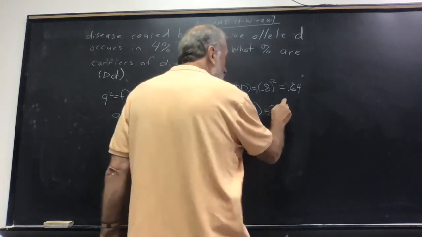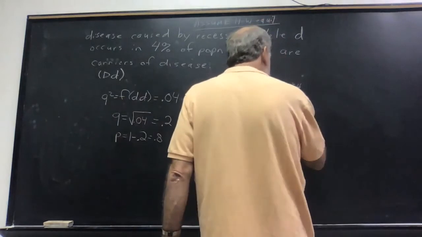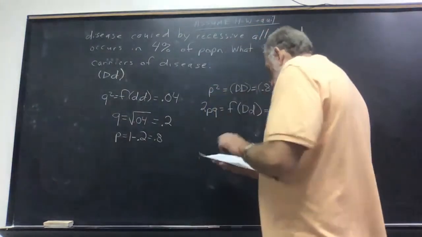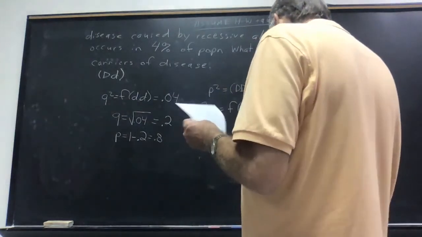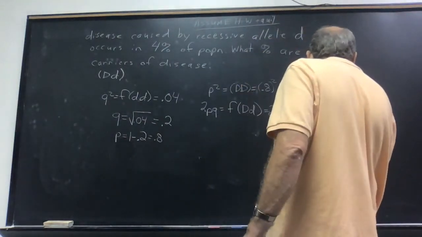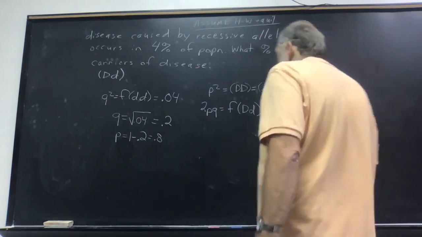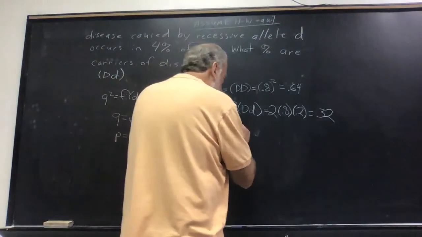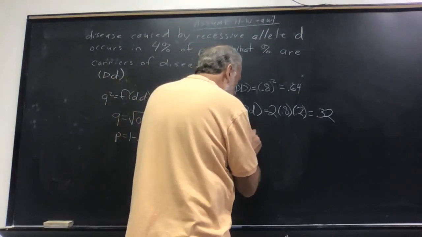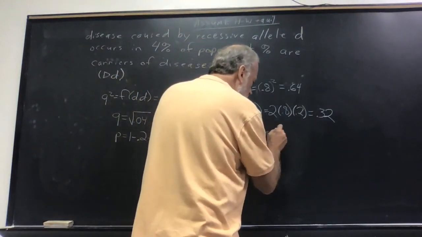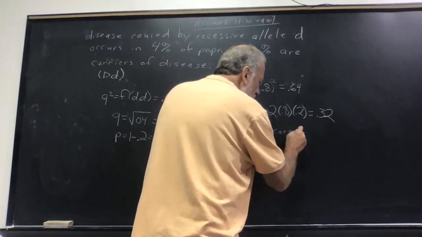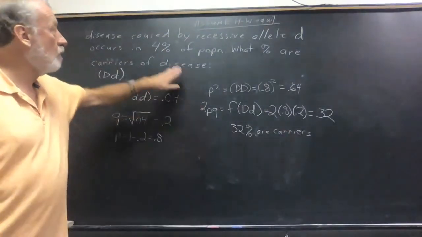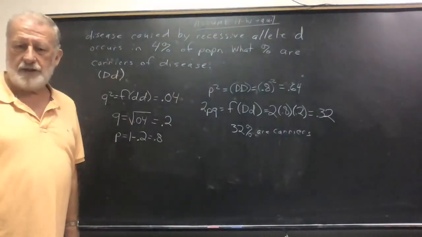That is 2 times 0.8 p times 0.2 q, and that gives us 0.32. So the answer to our question, 32% are carriers. So it's a third of the population are carriers, but only 4% of the population have the disease.